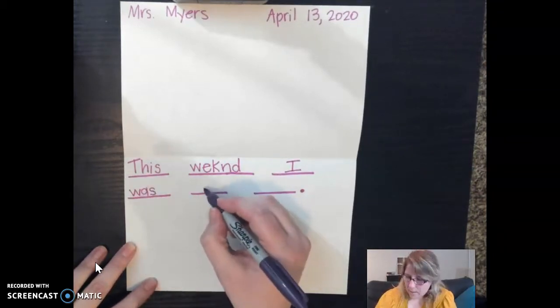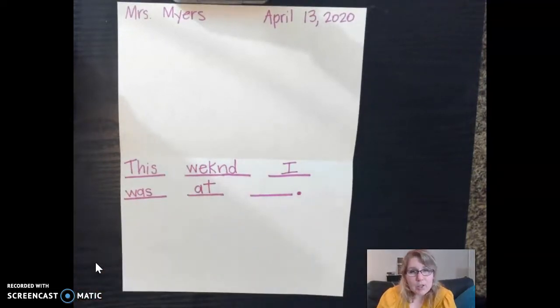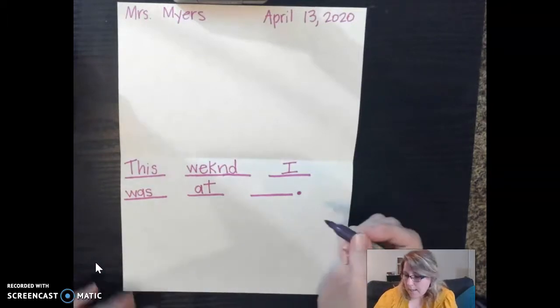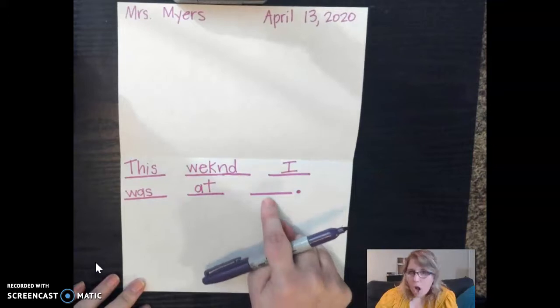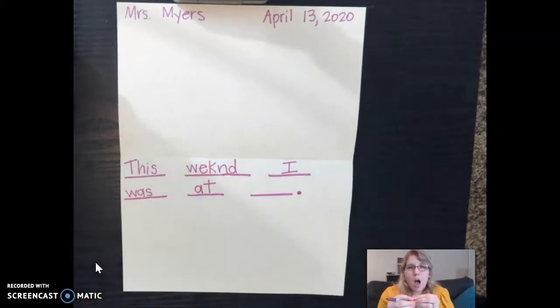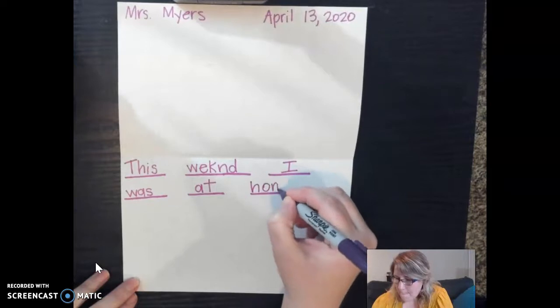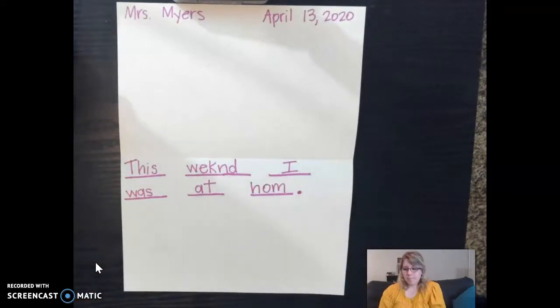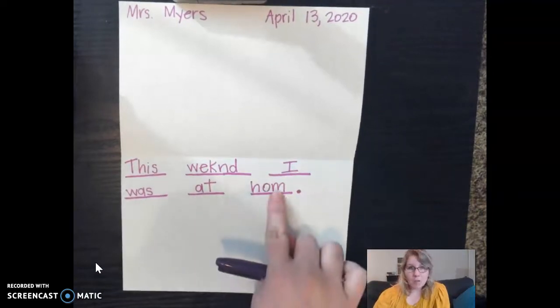At, sight word. Friends, if you forget how to spell your sight words, you can get your cards and you can practice spelling them correctly. This weekend, I was at home. Home. I can write that. This weekend, I was at home.